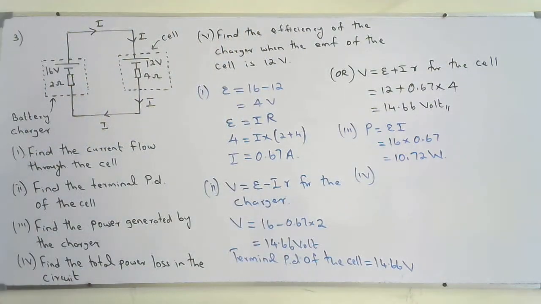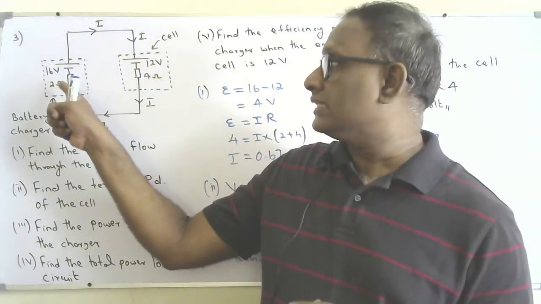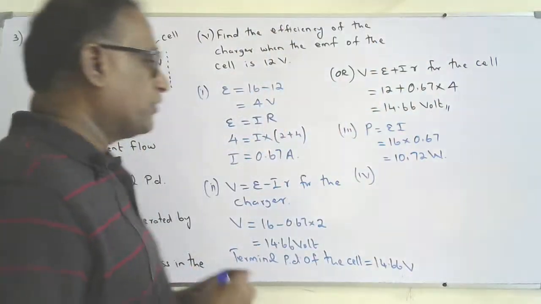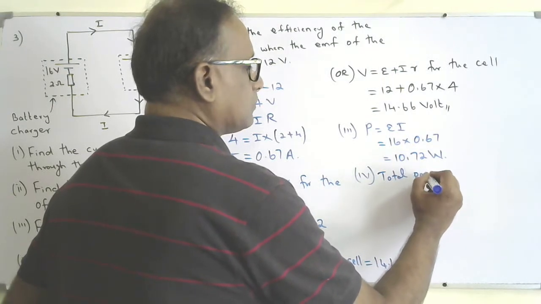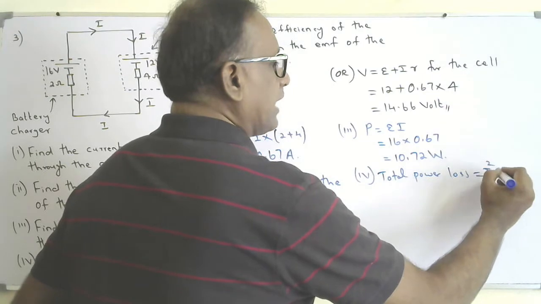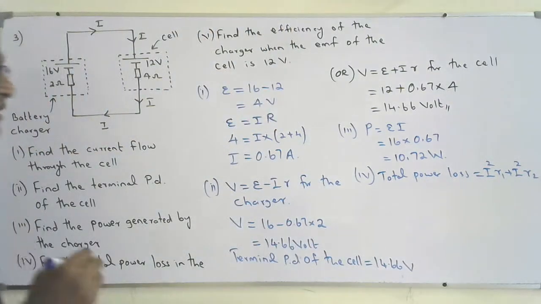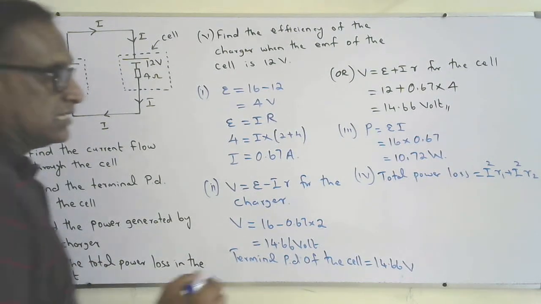Okay, fourth part, find the total power loss in the circuit. So the total power loss in the circuit is due to the internal resistance of both the charger and the cell. So total power loss equals I squared R1 plus I squared R2, where R1 and R2 are the internal resistances of the charger as well as the cell.